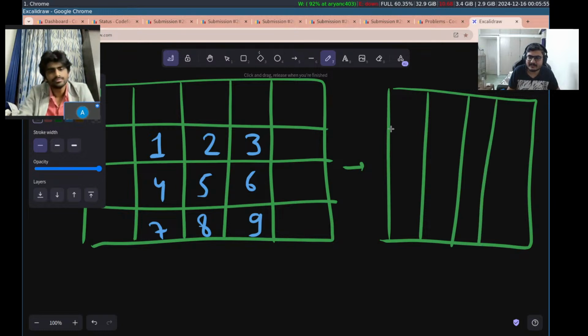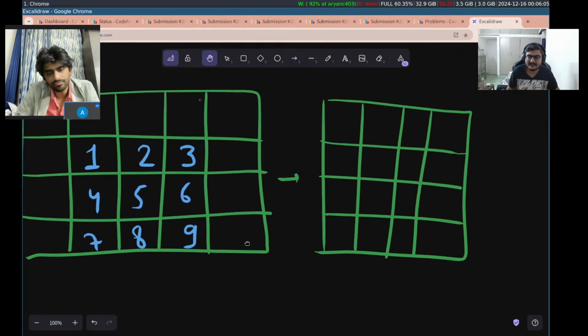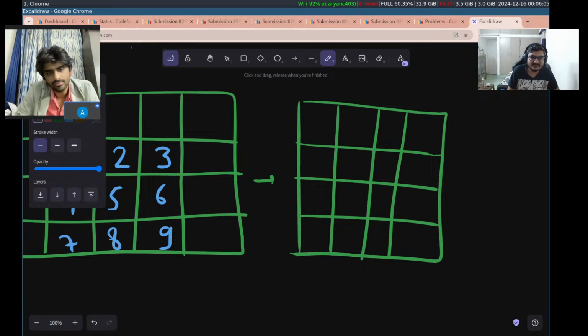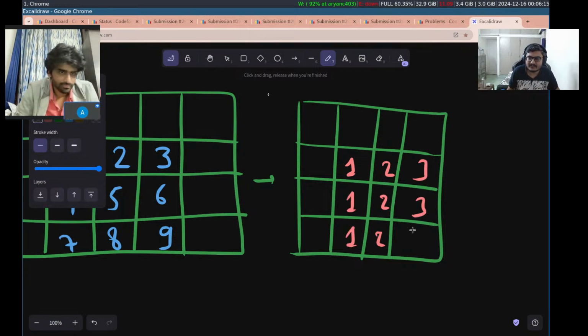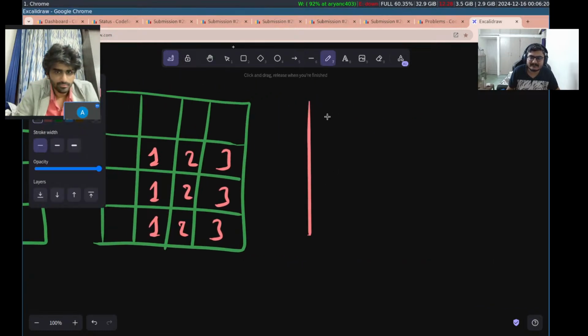Basically, the idea is you can write the multiplying factors for 1, 2, 3, 4, 5, 6, 7, 8, 9 like this: 1, 2, 3, 1, 2, 3, 1, 2, 3, and the remaining part again here.